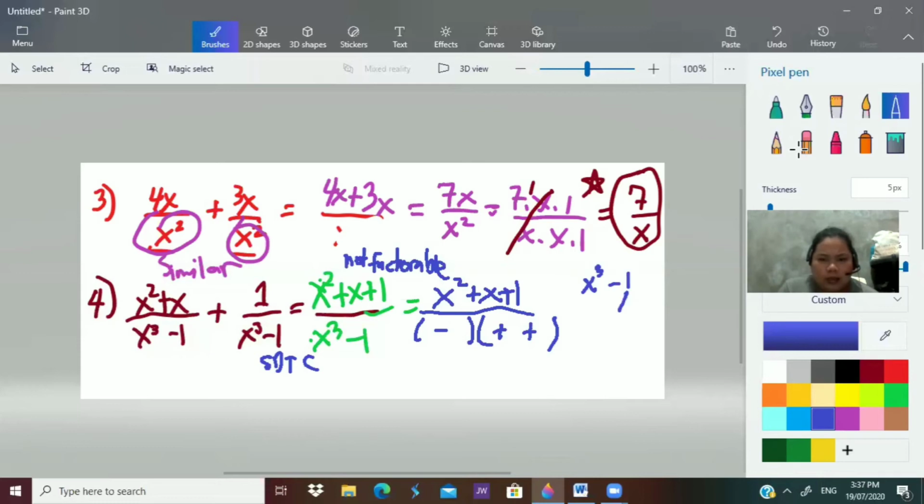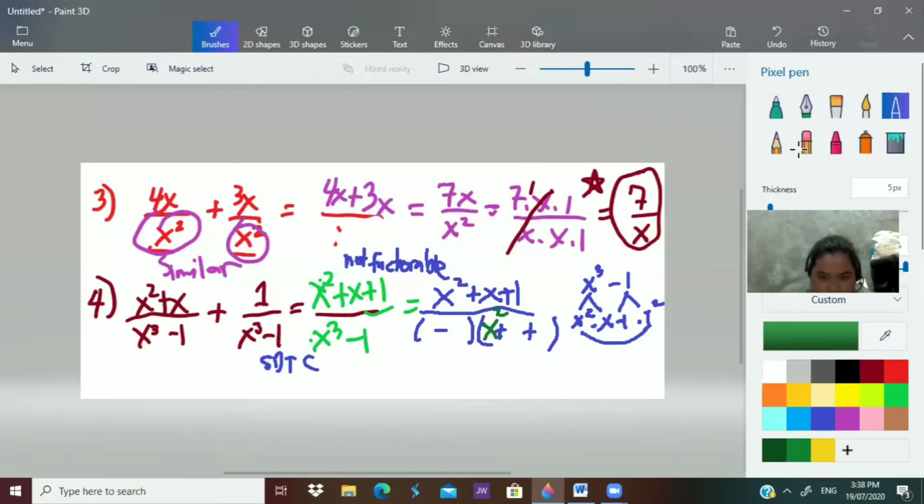So, ito magiging x squared times x. Then, ito magiging 1. Magiging negative 1 ito times 1 squared. So, ito magiging partner. So, ito magiging x squared. Dahil ang exponent ng x squared ay 2, dun siya sa mas malaking bracket.